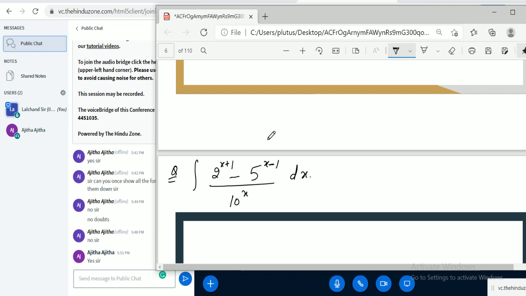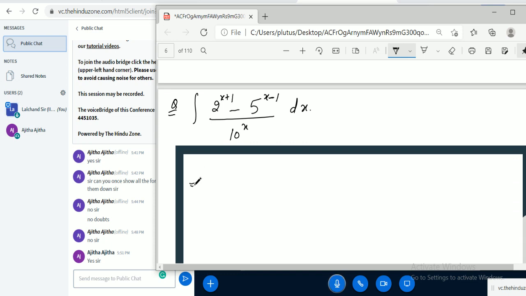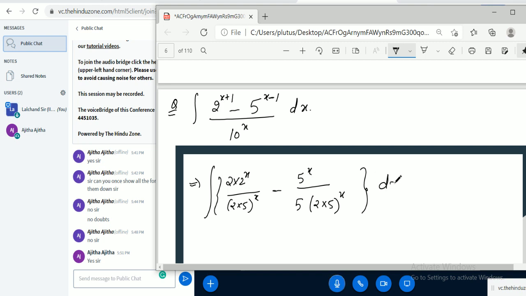Okay, if we try to break this into simple form, we can write the integral of 2 into 2 to the power x, divided by 2 into 5 to the power x, minus 5 to the power x divided by 5 into 2 into 5 to the power x, dx.